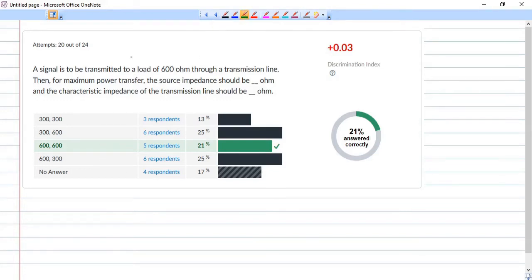The next question says a signal is to be transmitted to a load of 600 ohm through a transmission line. Then for maximum power transfer, the source impedance should be dash ohm and the characteristic impedance of the transmission line should be dash ohm. So we have a transmission line which could be represented by a two-port network.